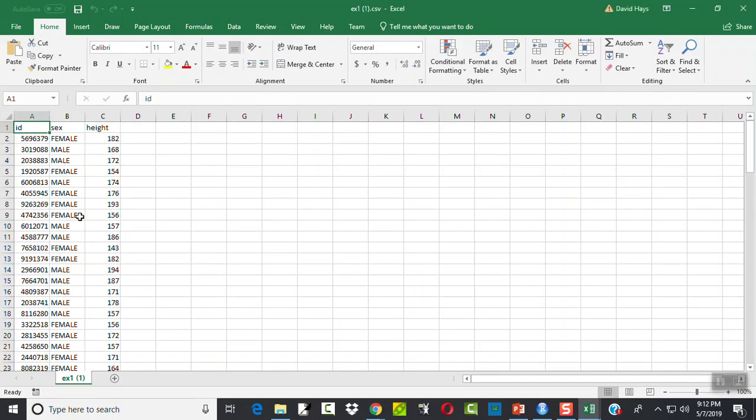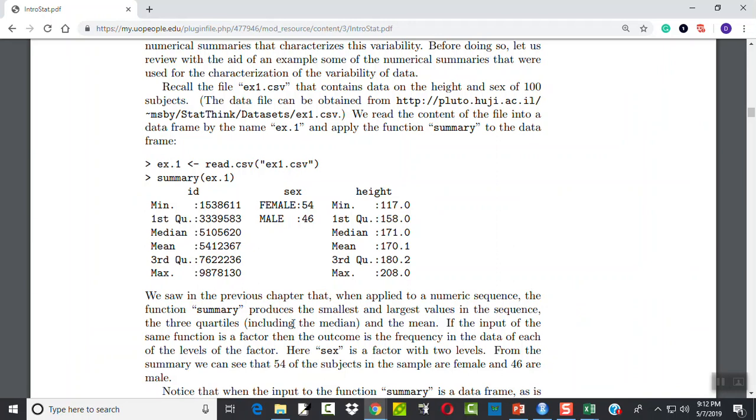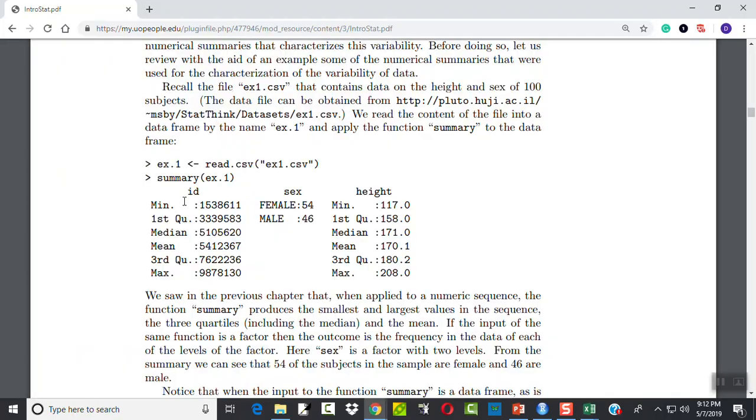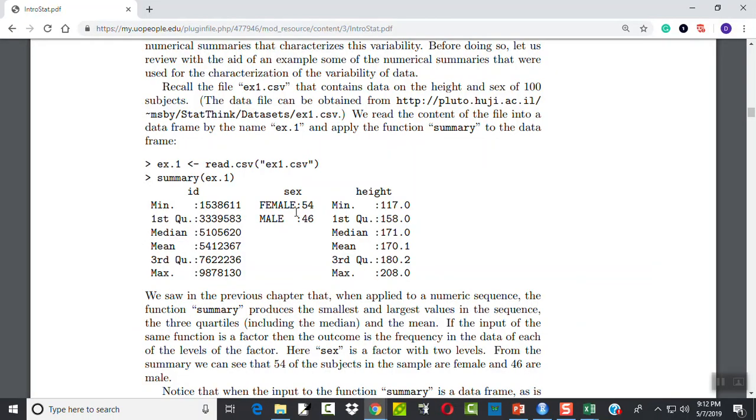So it looks like the ID, even though it doesn't make any sense to do a summary on that, it's doing a summary on that because it's in a separate column.